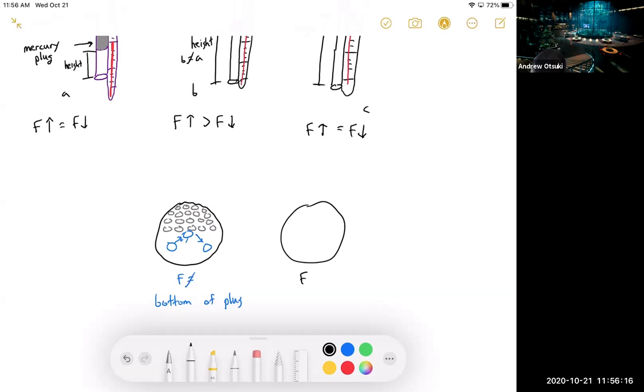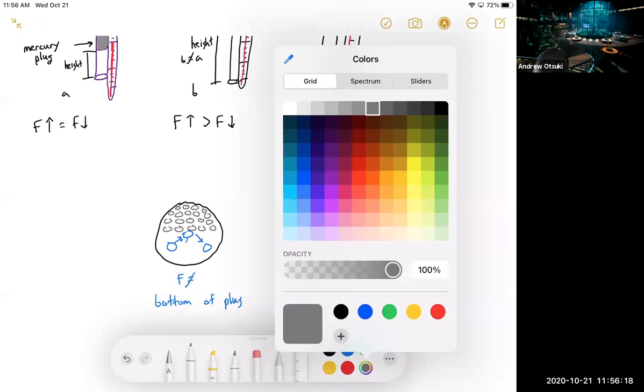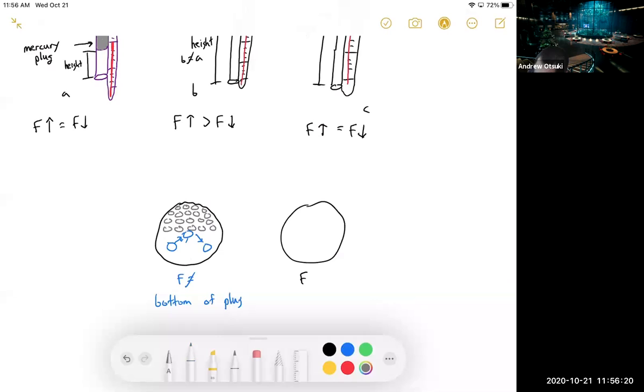Now from the top view, we're going to see the particles like this. We're taking a slice of the plug and viewing the intersection.